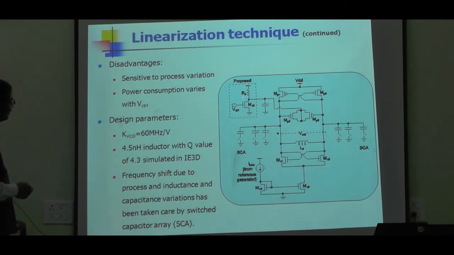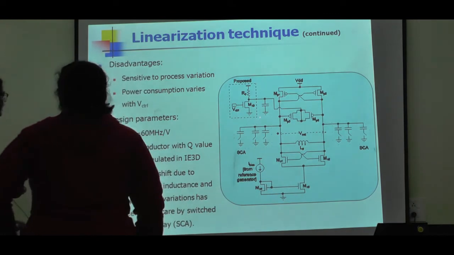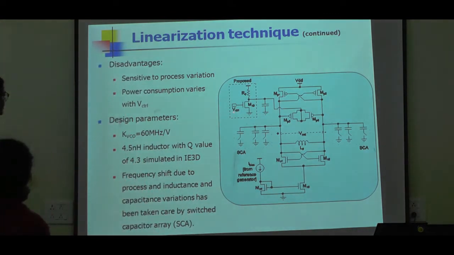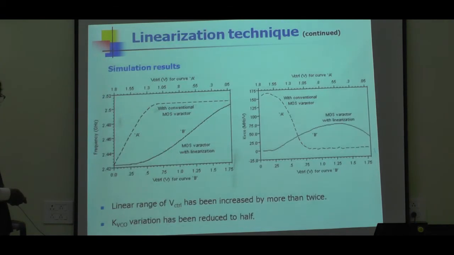So this common source or the source follower will give you some kind of sluggish response, meaning if there is a change in control voltage, it may not be so fast in changing the capacitance of the MOS varactor.